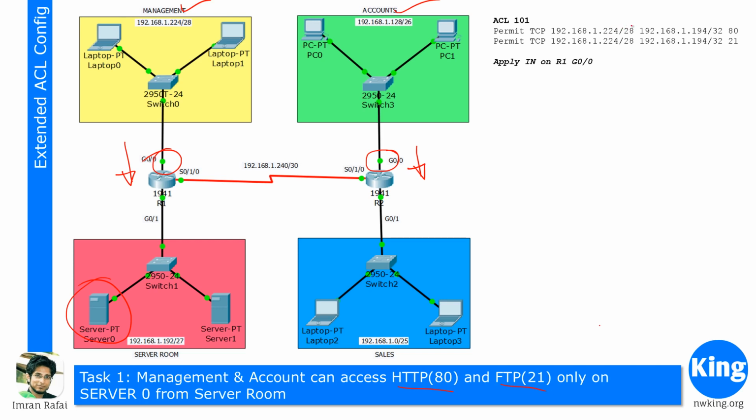Of course, we use the wildcard mask, but this is just pseudocode for us to discuss. Of course, when we put this in Packet Tracer, we will be converting this to wildcard mask. So we say 192.168.1.224/28, which is the entire management network, going to 192.168.1.194. 194 is nothing but this server 0, right?